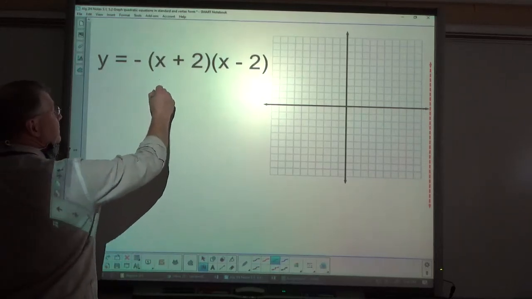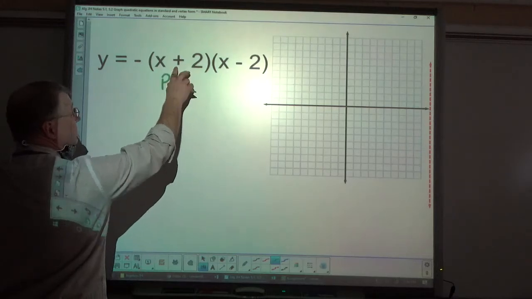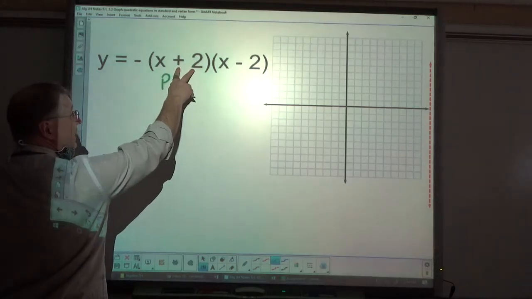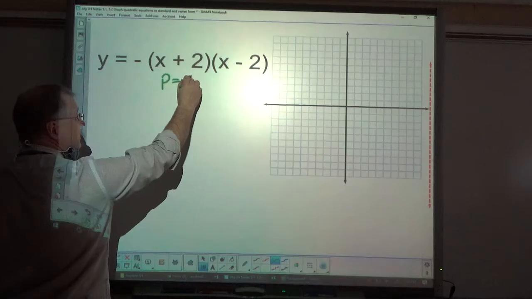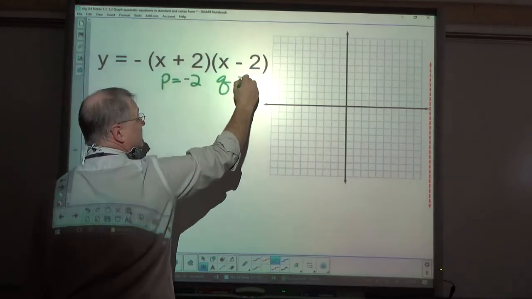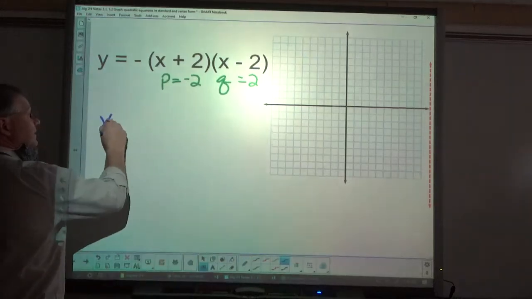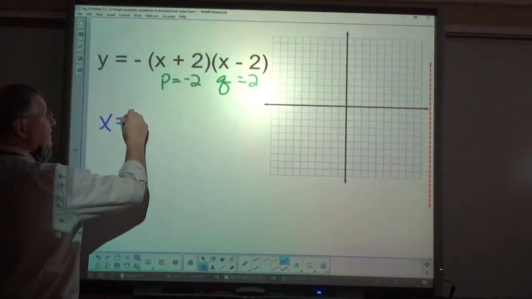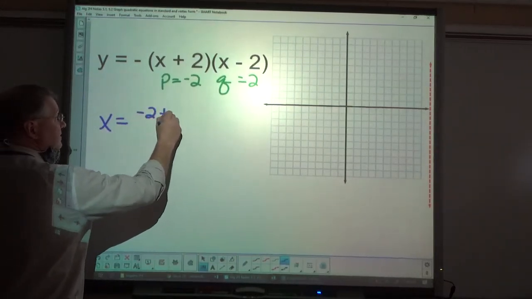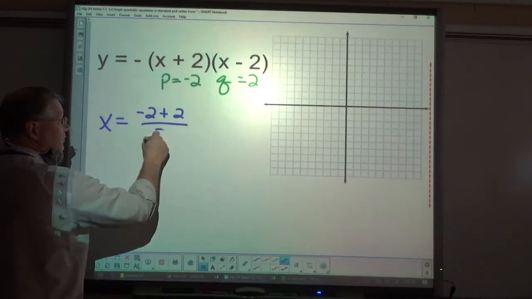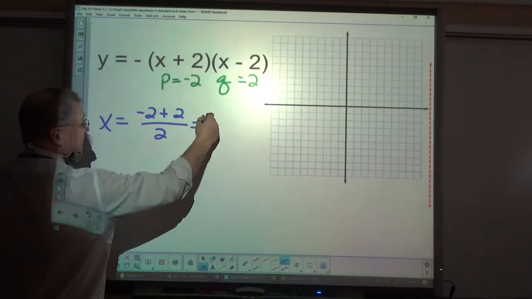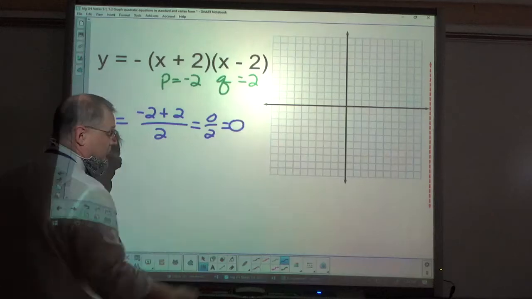So p here is going to be negative 2. It's opposite what it looks like. Q is going to be positive 2. So x is going to be found by saying negative 2 plus 2 over 2. Well, that turns out to be 0 over 2, which is 0.